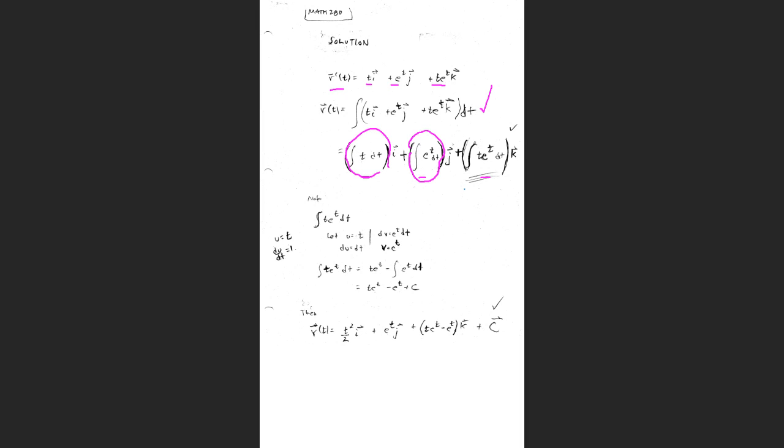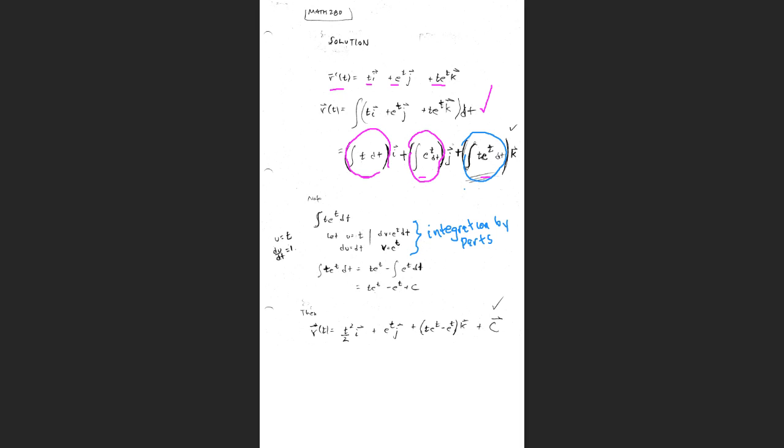And now this third one, we will need the antiderivative of t times e to the t. Oh, what am I using here? That's right, good, Norina, integration by parts. So integration by parts and substitution are certainly going to come into play in some of your homework problems.